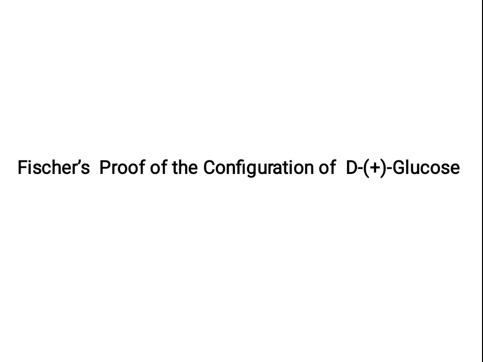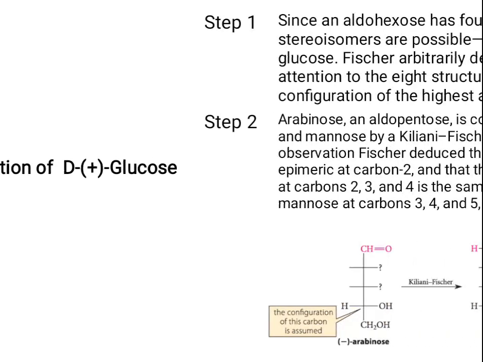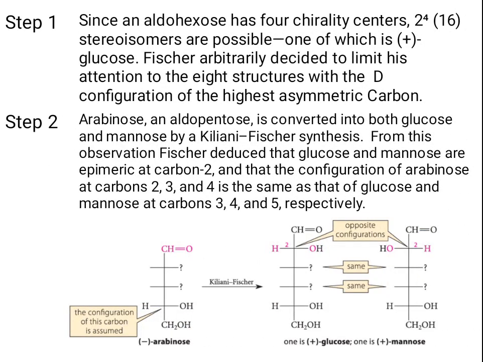Fischer's proof of the configuration of D-glucose. Step 1. Since an aldohexose has 4 chirality centers, in total 2 to the power 4, that means 16 stereoisomers are possible, one of which is glucose.